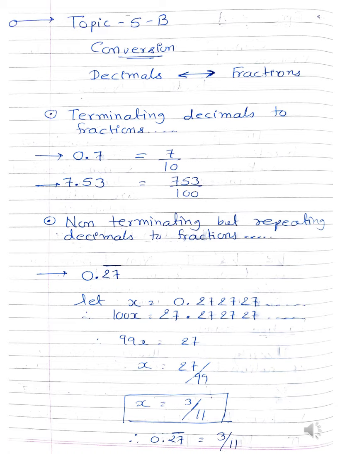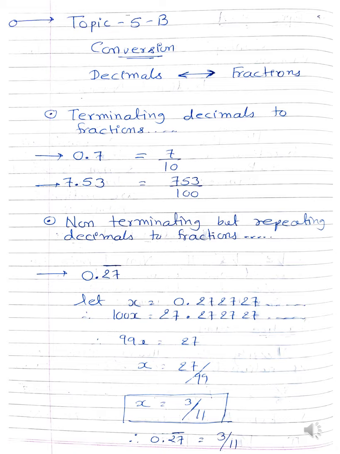So the next step, we have written 100x equals 27.272727. Now remember, to write the second step, for convenience of calculation, you should put the decimal point just below the decimal point. See, 0.2727 and just below it 27 point. So the points are exactly below each other.